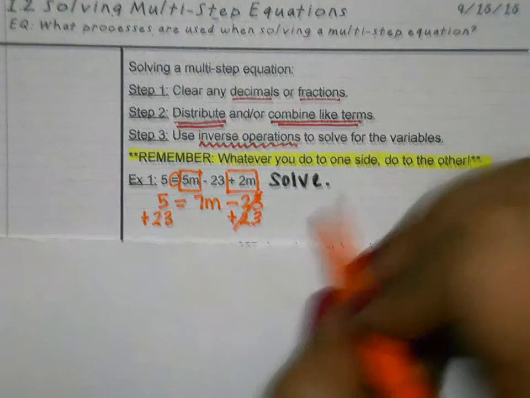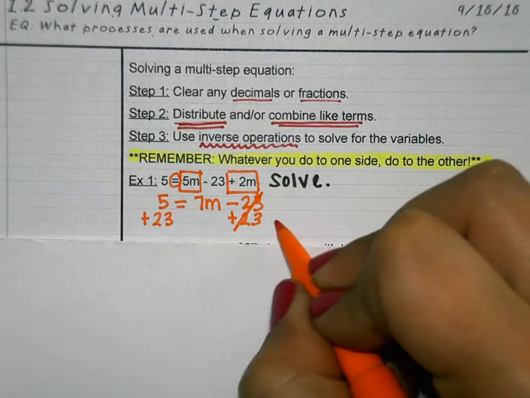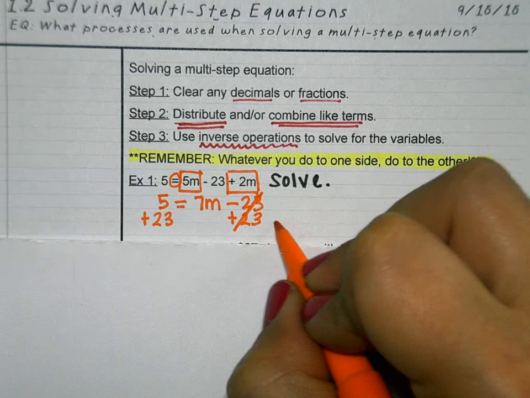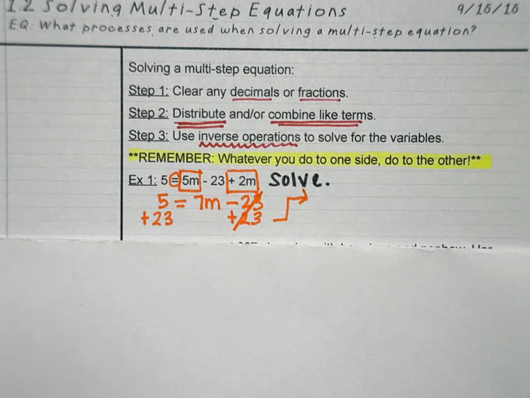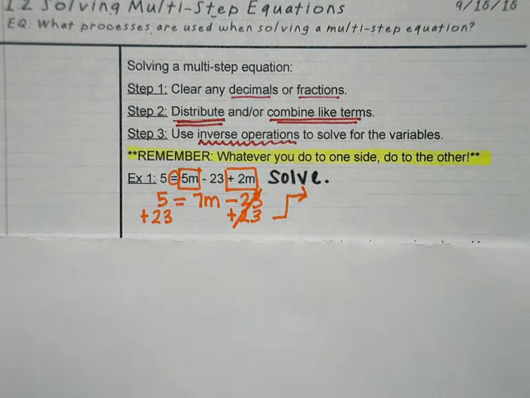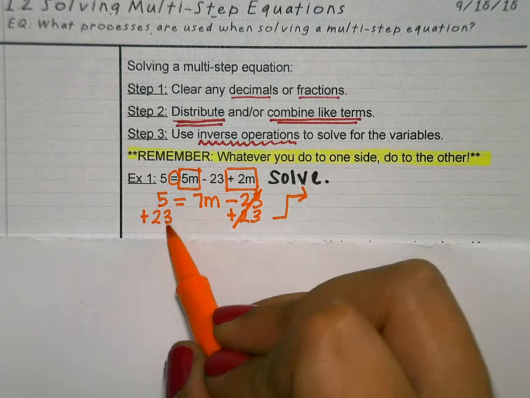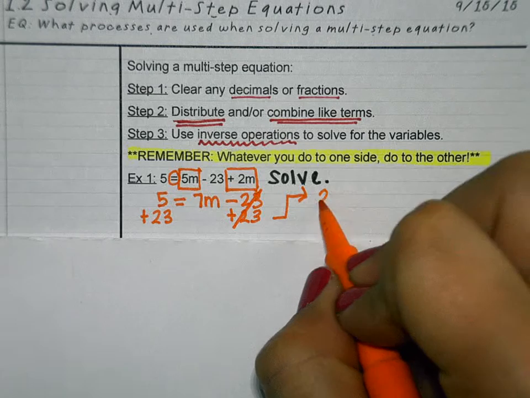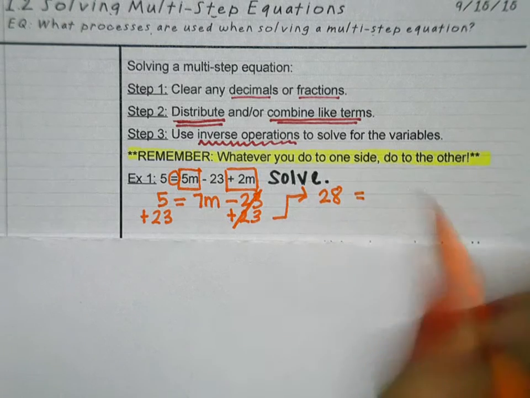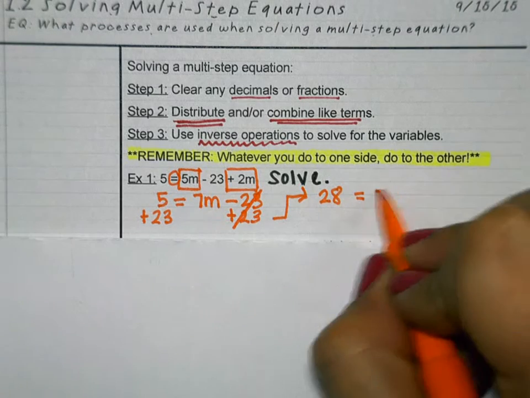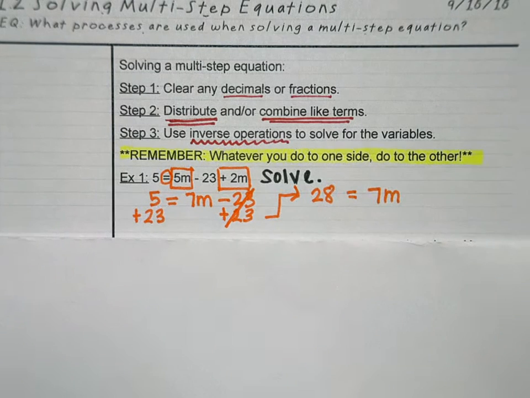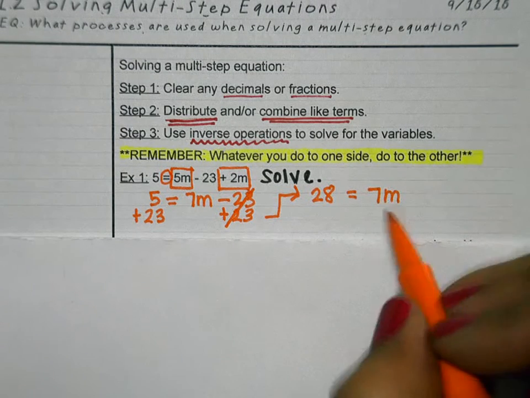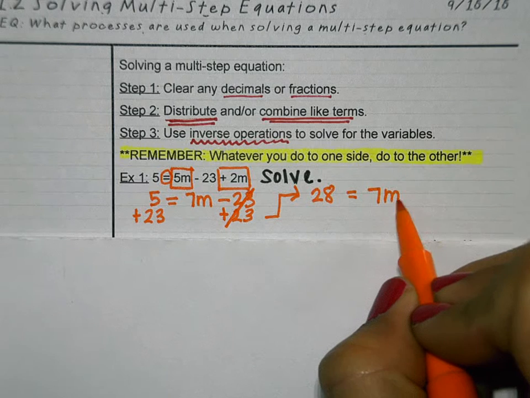On the left, and I'm going to move my work over to the right. Let me draw an arrow because I ran out of room. You can just keep going down. 5 plus 23 gives me 28 equals 7m. And this 7m is 7 times m.